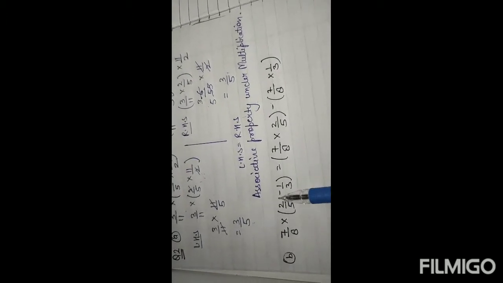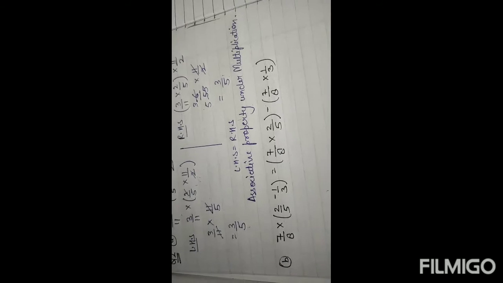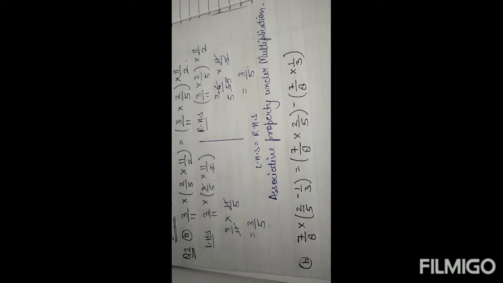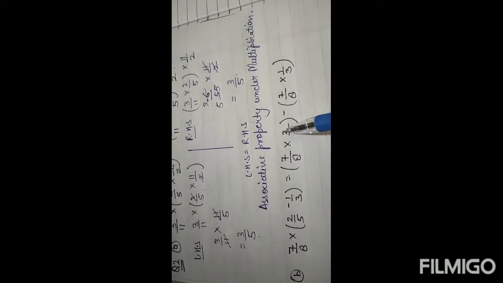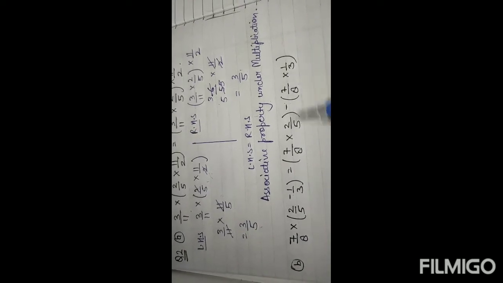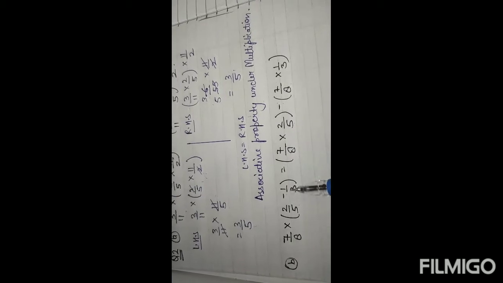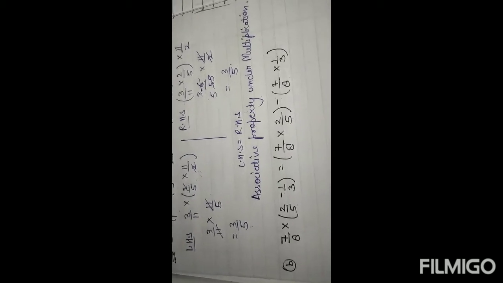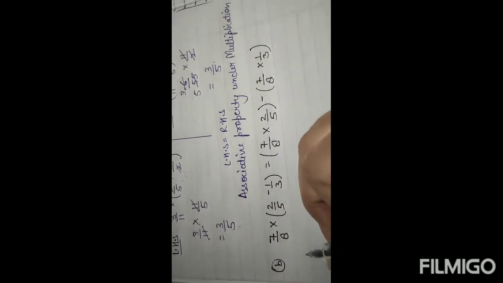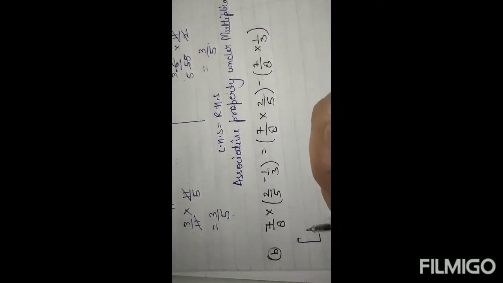The next part is 7 by 8 multiplied by 2 by 5 minus 1 by 3 will be equal to 7 by 8 multiplied by 2 by 5 minus 7 by 8 multiplied by 1 by 3. That is, we are multiplying 7 by 8 with this number first and then with the second number. So this property is the distributive property. I'm writing it again here.